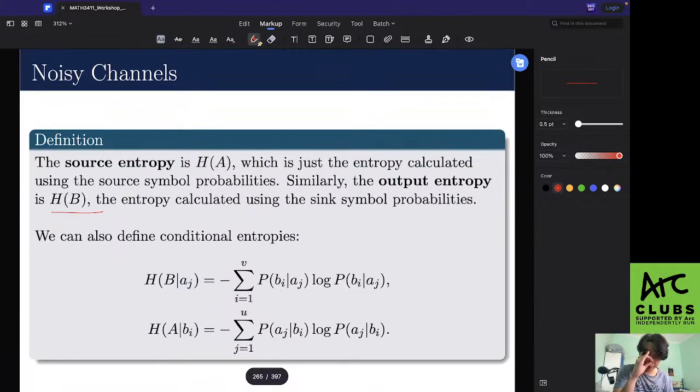Now we have conditional entropies. What's the entropy of the output, given that we know that the sent symbol is AJ? And we see that this is actually just the normal entropy formula, except we've replaced our probabilities with conditional probabilities.